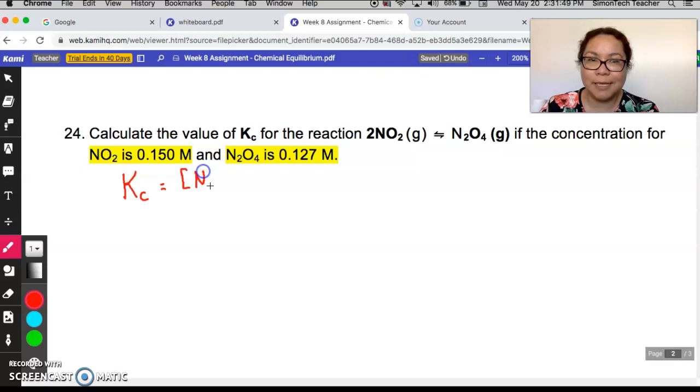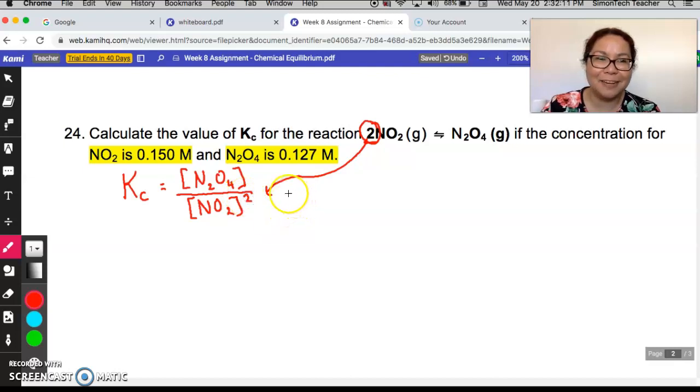This one will be N2O4, over the reactants, this one, NO2. No, you don't put 2 NO2. This is a coefficient, therefore it goes to the top there as the power, raised to the second. Right. So that is your equation.